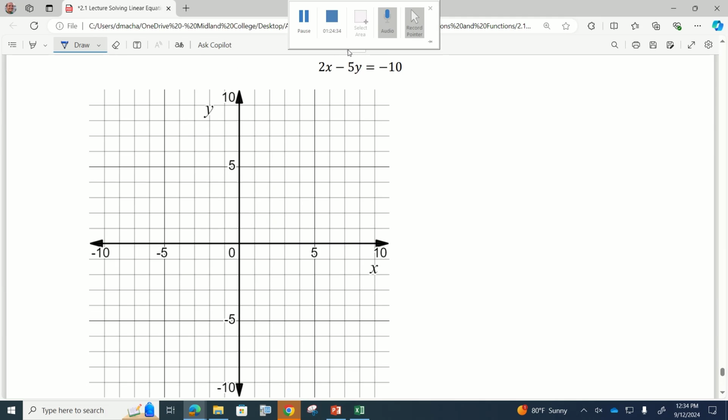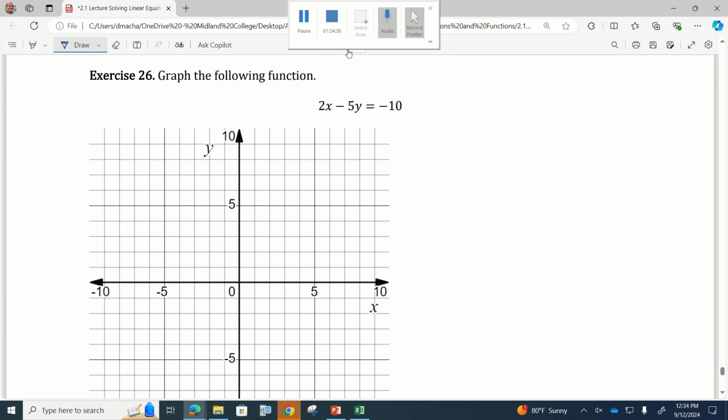The last question says, graph the following function, and you'll notice that it's given to you in general form, 2x minus 5y equals negative 10. You could do this multiple ways, okay? You could either rewrite this in slope-intercept form by rearranging the equation, and just using your algebra skills to solve for y.